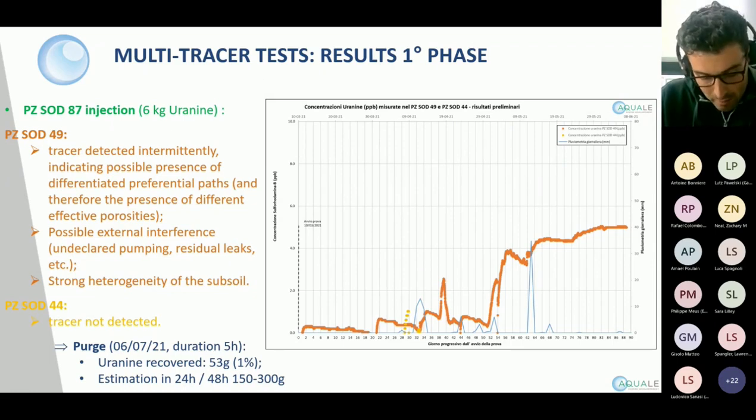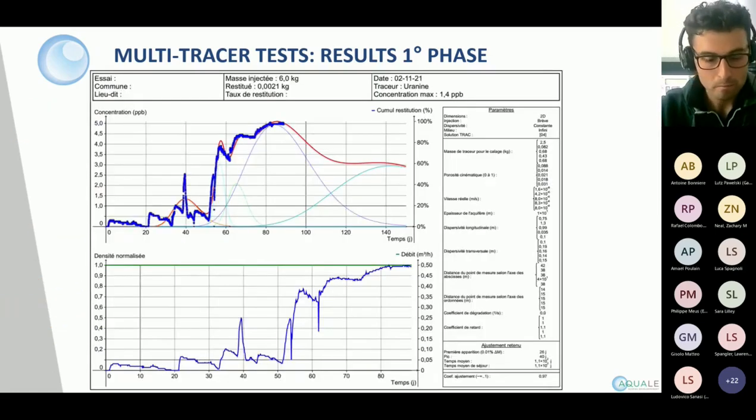In this specific case, the concentration of the sample remained quite high even after 5 hours of purge, so the estimation of the mass recovered in 24 and 48 hours is probably less precise.